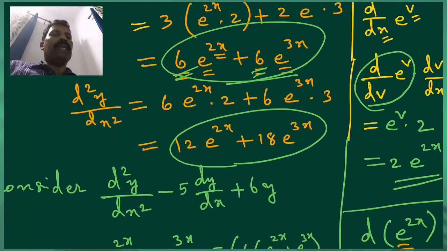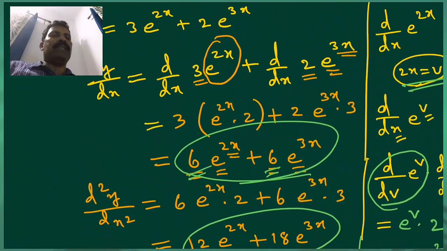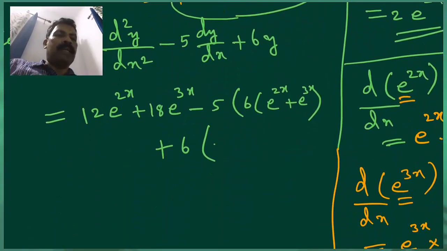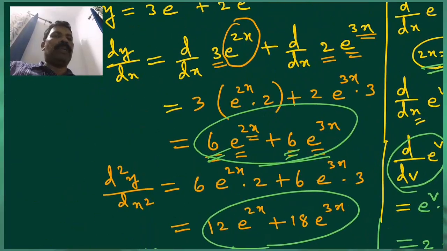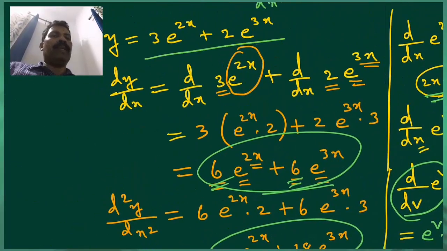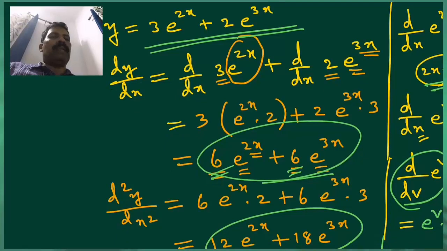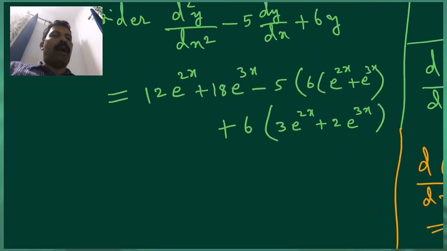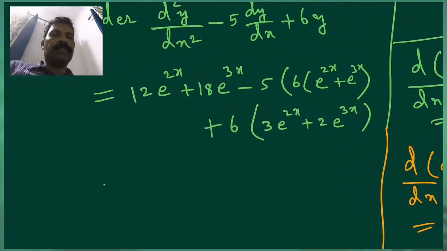What is y? Y is given in the question. So that is 3 into e raised to 2x plus 2 into e raised to 3x. Isn't it? That is, you see please, 3 into e raised to 2x, then 2 into e raised to 3x. So you have all this thing like this.